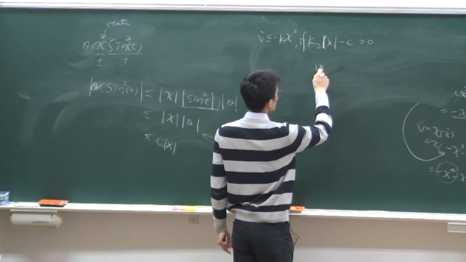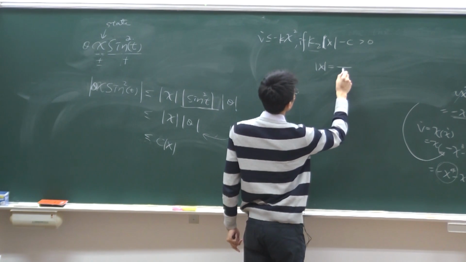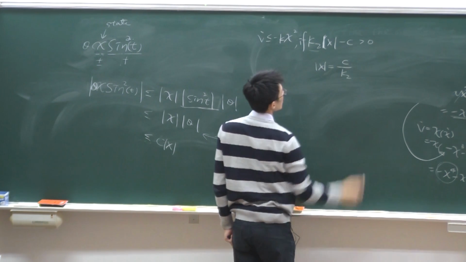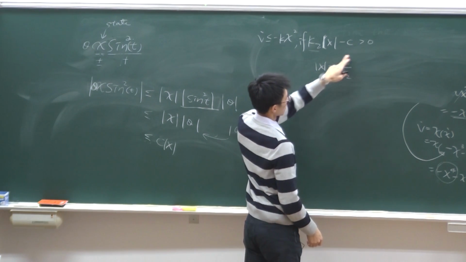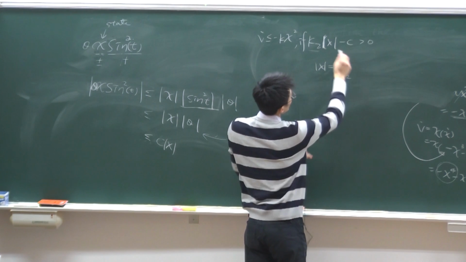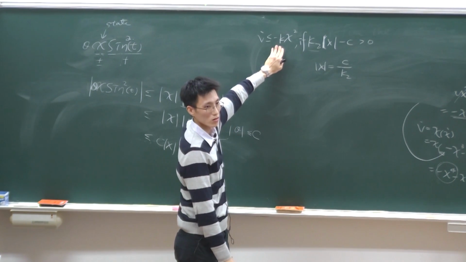But when you move this to the right, k2c. When the absolute value of x is equal to this constant, this will become 0, right? And it no longer holds.